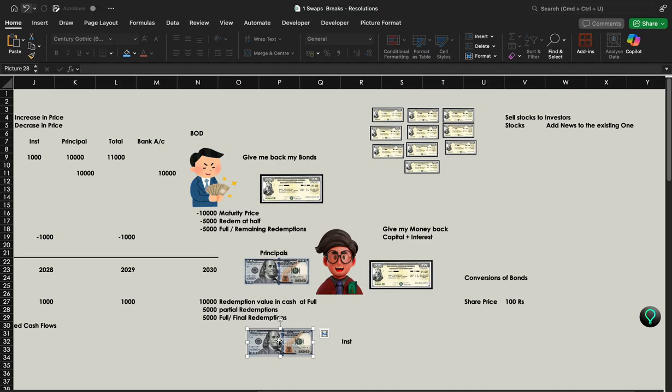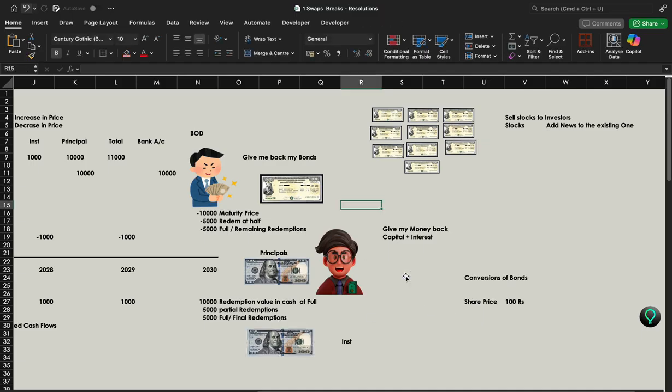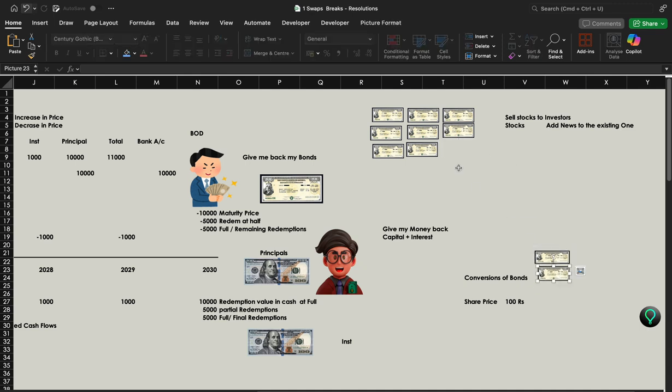But now the company is saying, look, we are not in a position to pay you the 1,000 interest payment. So the best thing we can do is convert your interest payment into shares. We'll give you, let's say, 10 shares for the 1,000, so that you can sell them in the open market and liquidate, right?